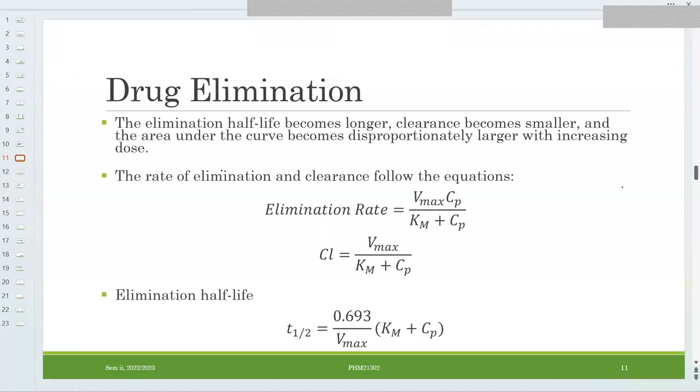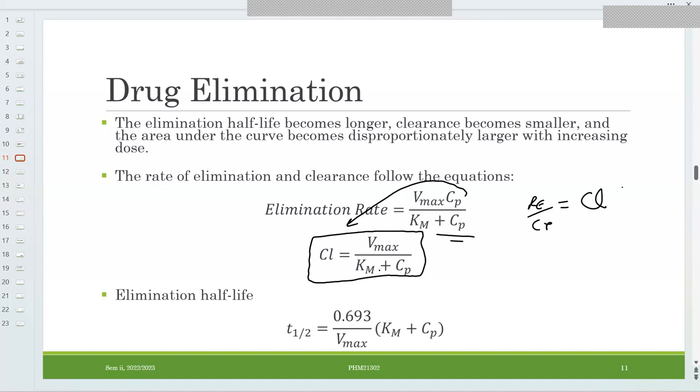From the same equation, rate of elimination divided by Cp means you move Cp down here. The remaining will be Vmax divided by Km plus Cp. Rate of elimination divided by Cp is equal to clearance. So clearance is equal to Vmax divided by Km plus Cp. This remaining part.